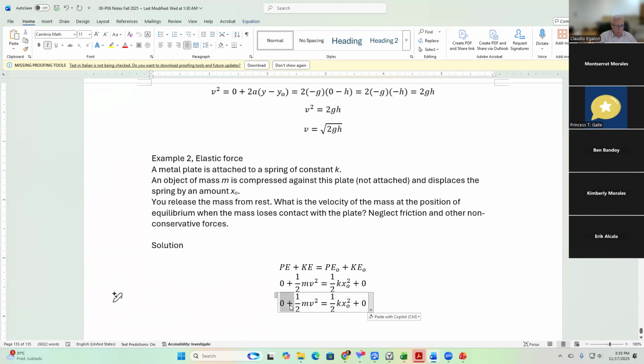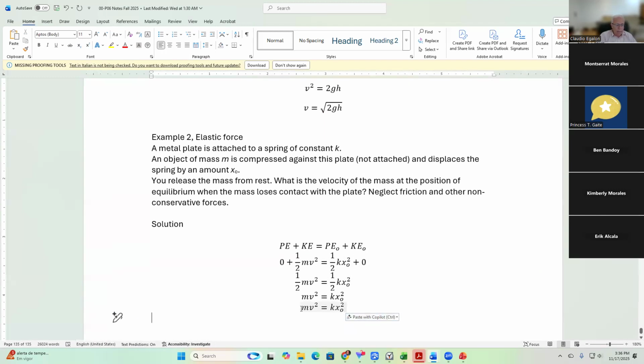Zeros here disappear. No need to keep them in the equation. We cancel the half. Mass in this case doesn't cancel, and we pass the mass to the other side.